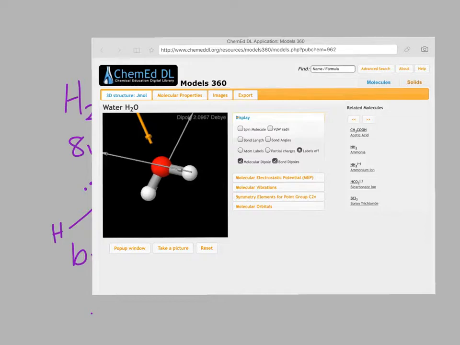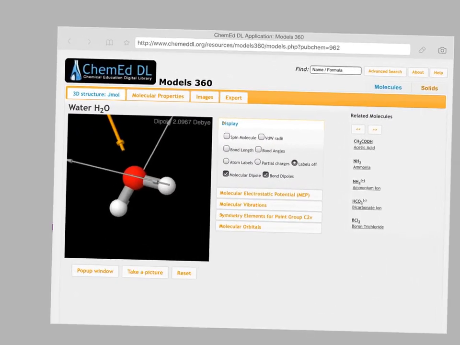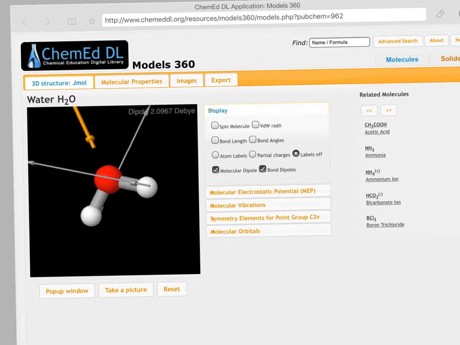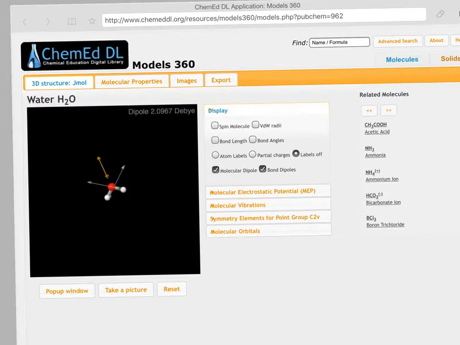Let me see if I can make that a little bit smaller. So you can see that the dipole goes up towards here. That's basically the sum of these two. They're called vectors. So it's a pulling motion or pushing motion, and if we add those two together, it would be right here in the middle, and so it just goes upward.